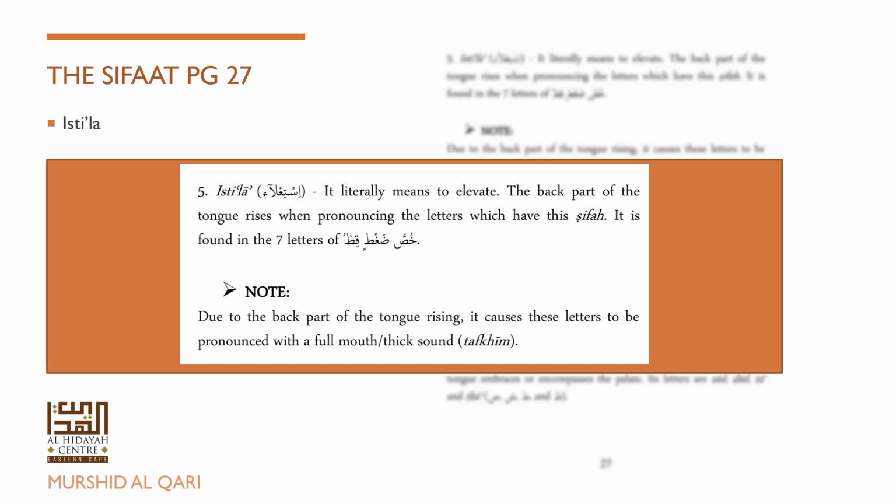Especially these 2 letters, because a person can sometimes read khira, not knowing that there is isti'la, an intrinsic permanent sifa in these letters, and it has to be pronounced with these sifat. So let's take the sad, for example, as, is, us, or sa, si, su. We will try with all these letters, implementing these sifat when pronouncing them.